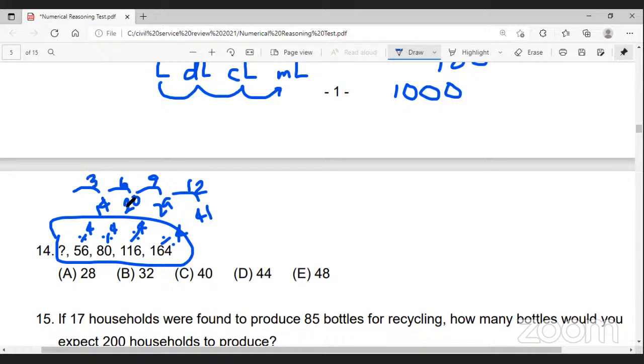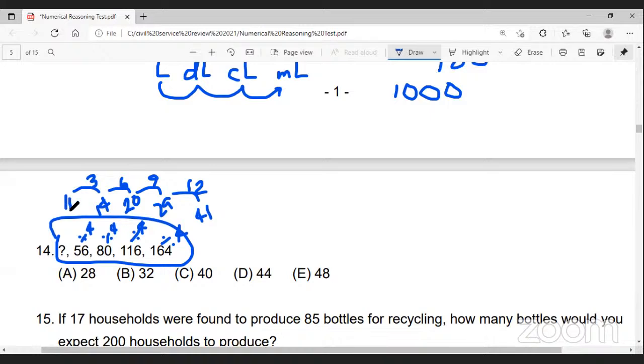The difference of 41 and 29 is 12, 29 and 20 is 9, 20 and 14 is 6. So we should have a difference of 3 from 14, and the number we are looking for is 11.